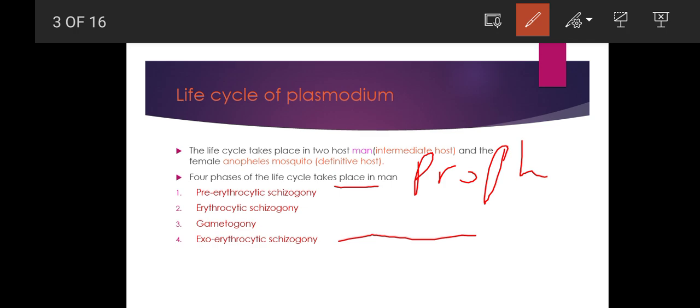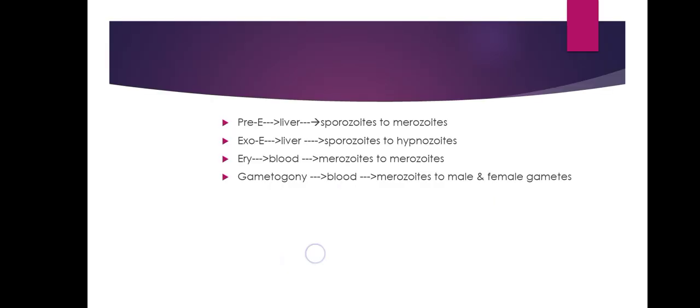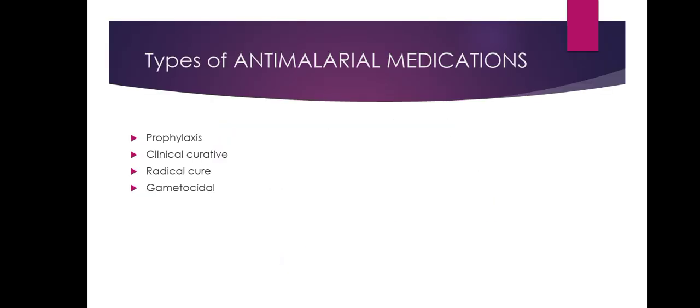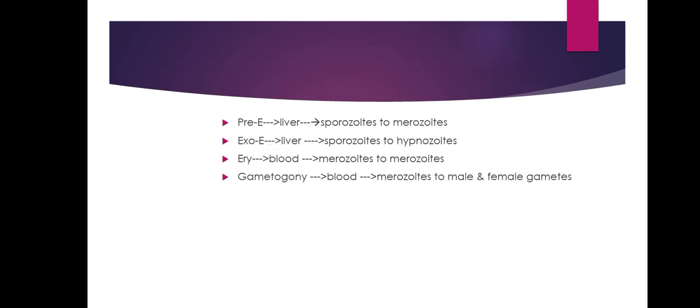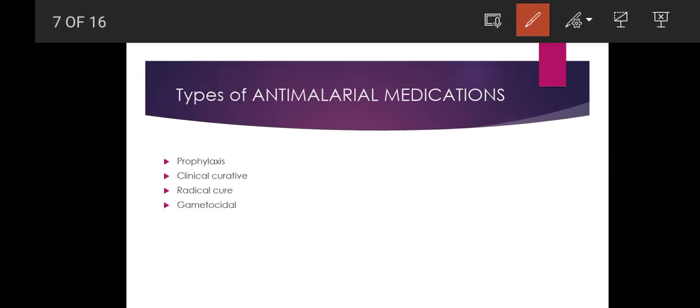Now, in the erythrocytic phase, we have the clinical curative, which will prevent the multiplication of merozoites again in the bloodstream. The clinical curative will take care of the erythrocytic phase, while prophylaxis will take place in the pre-erythrocytic phase.